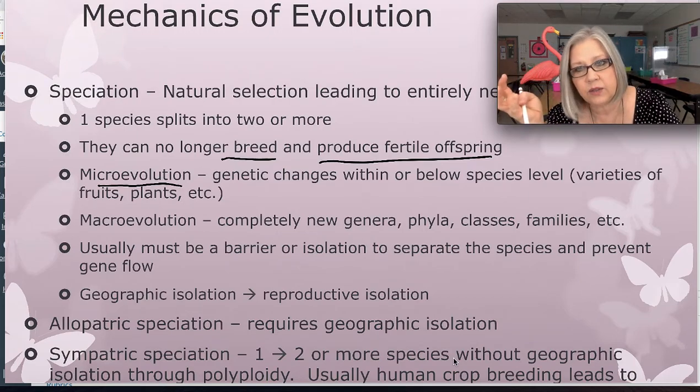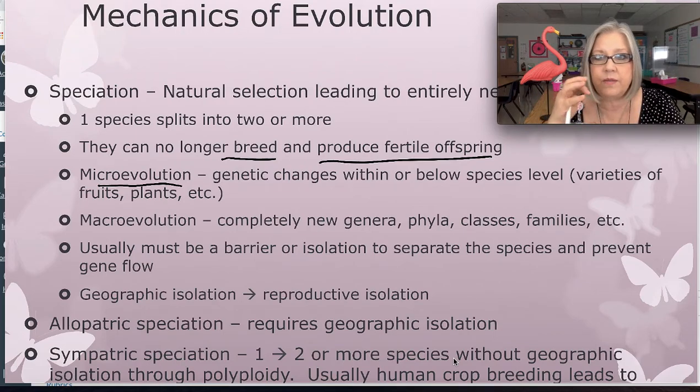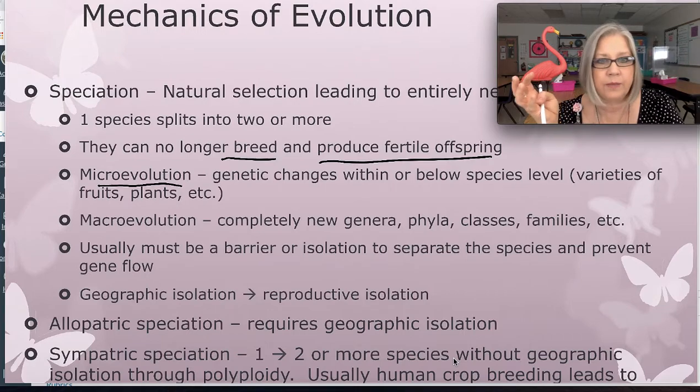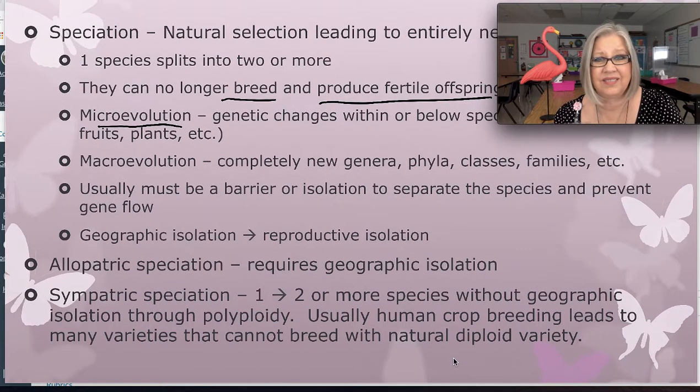So color of things, flavor, being able to breed for size, but they're still able to reproduce. Microevolution is just a whole new genre. So we're moving on up beyond just the species level, but now into other things.